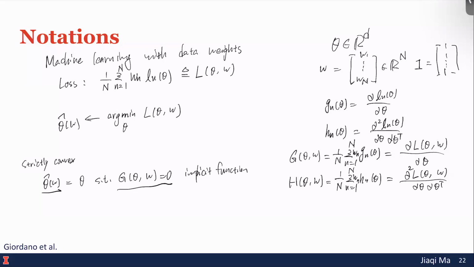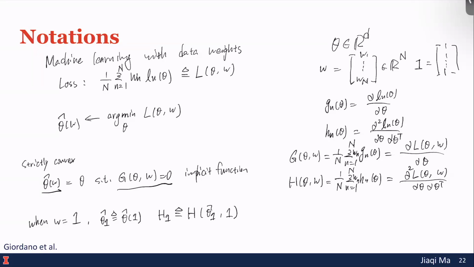We are also going to note that when W equals an all-one vector, this is the original model. For notation convenience, we're going to denote theta hat 1 as the parameters of the model trained on the full data set, and we denote the Hessian H1 as the H function evaluated at theta 1 hat and 1.